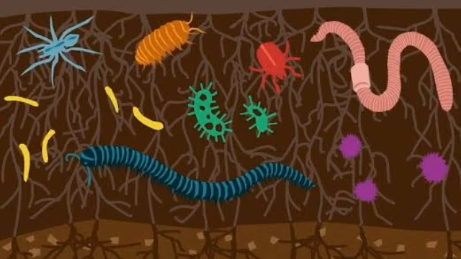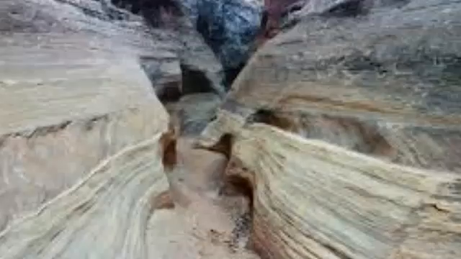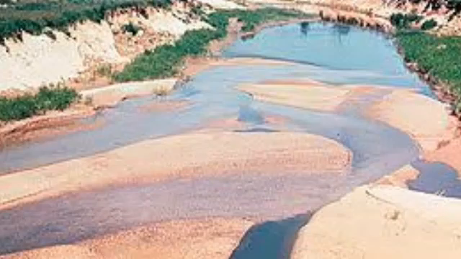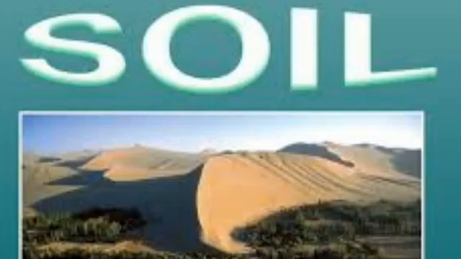It is the home for many organisms. Soil is formed by the breaking of rocks by the action of wind, water and climate. The mixture of rock particles and humus is called the soil.